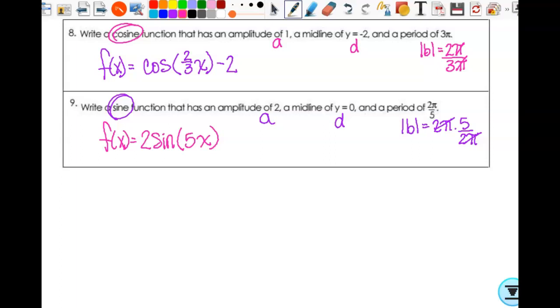Let me know if you have questions or you're confused about where something came from. Are we good? Okay. Should be fairly simple.